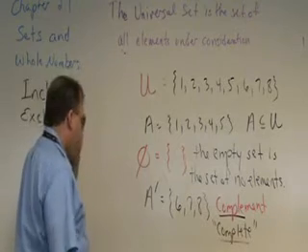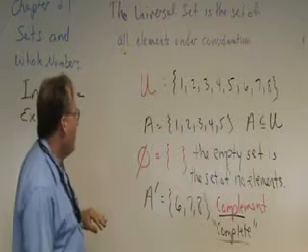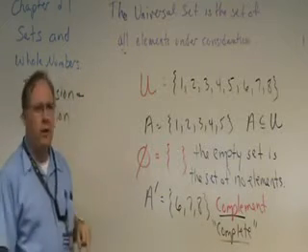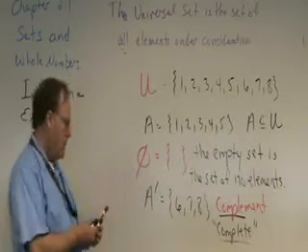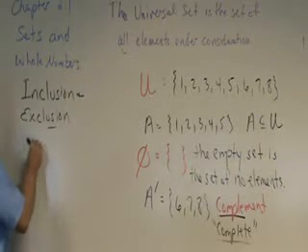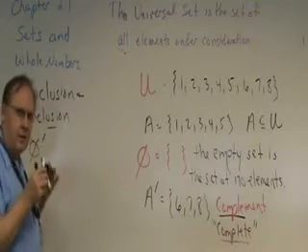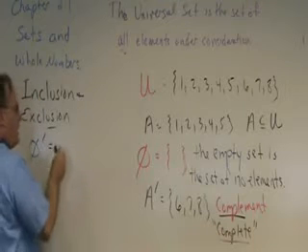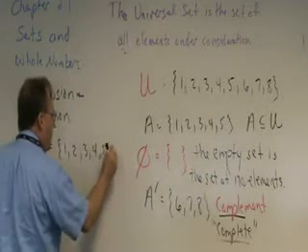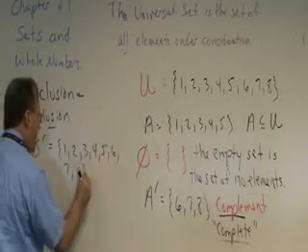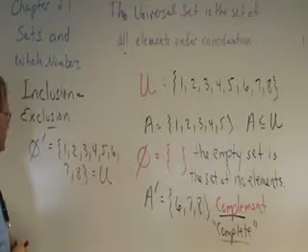And so, here's this idea of a complement. Let me ask you, what would complement the empty set? The complement of the empty set would be that set of elements that would complete the empty set. It would have to be, well, let's see, 4, 5, 6, 7, and 8. Oh, well, it has to be the whole universal set.